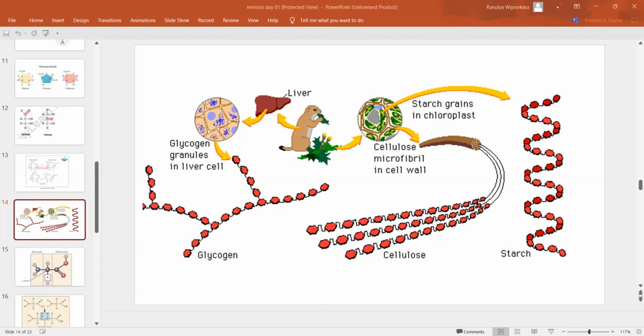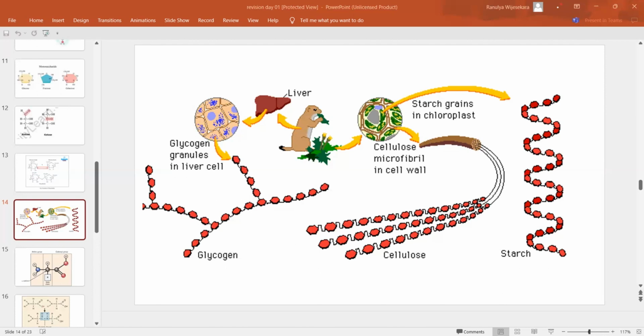Next point. Examples for monosaccharides. What is the point number? 13.